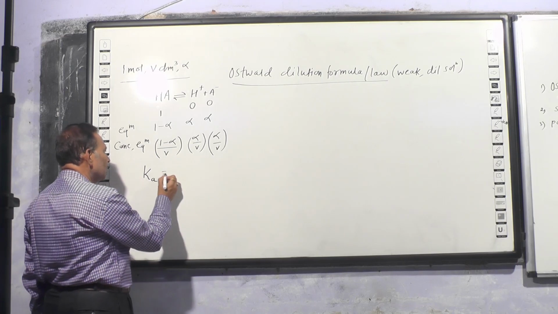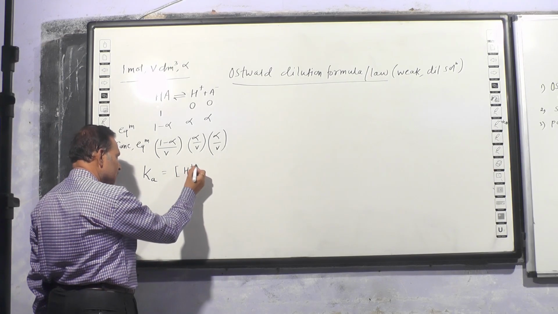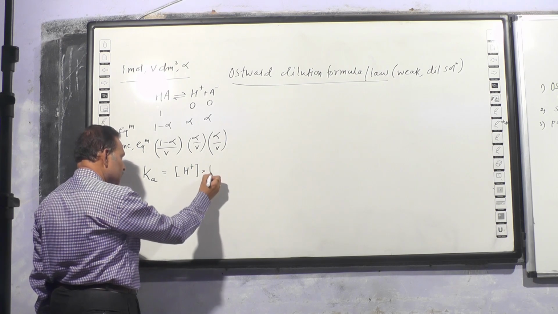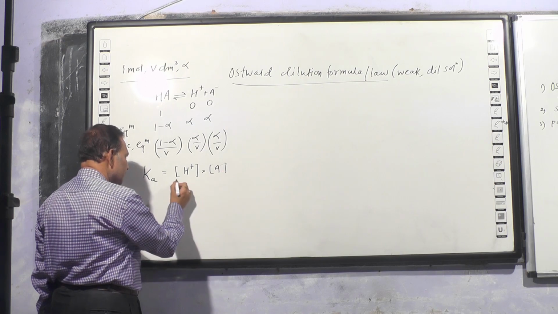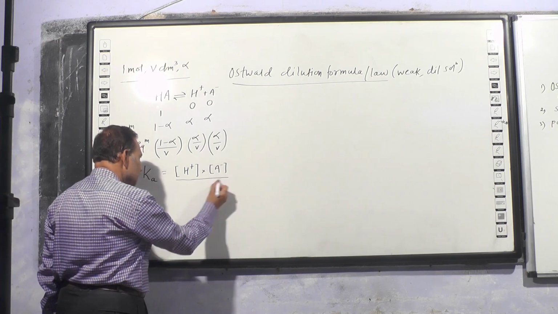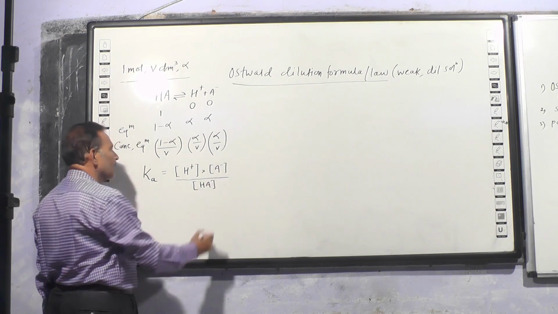So Ka is equal to the product of concentration of products. Products are H plus and A minus, where square brackets indicate concentration, divided by the concentration of reactant, and the reactant is nothing but HA.